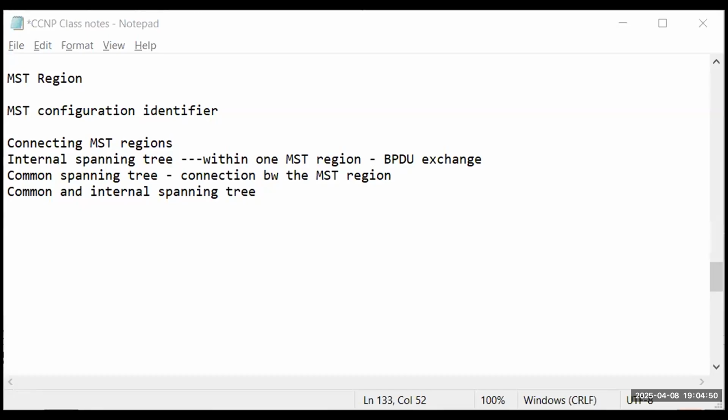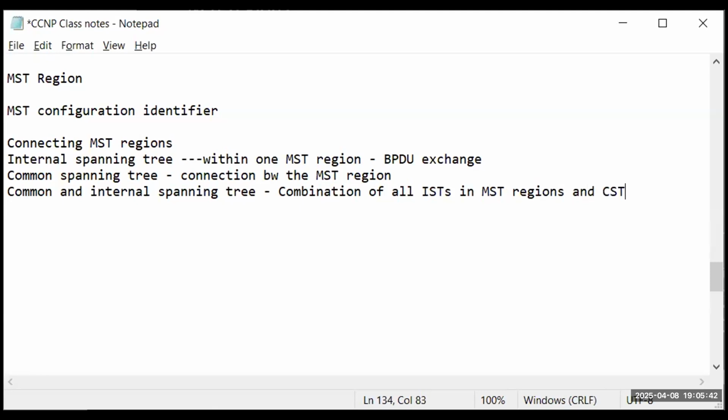CIST, common and internal spanning tree, is the combination of ISTs for all MST regions and the CST. So it's the combination of the ISTs in all MST regions and the CST.